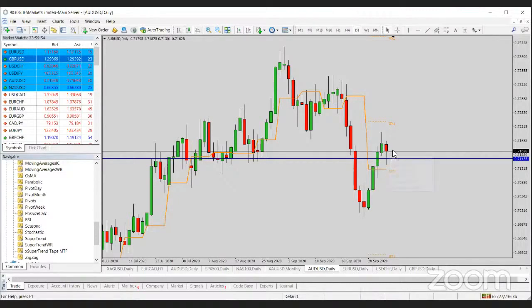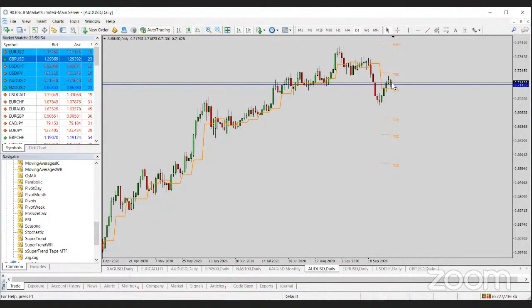So price potentially could stay above this level, in which case I'd be happy actually to take long opportunities, potentially on the lower timeframes if they present themselves on my strategy. And again, it's this key level here that is really important to me. And if price gets back below that level, then I will be extremely interested in trading that short.